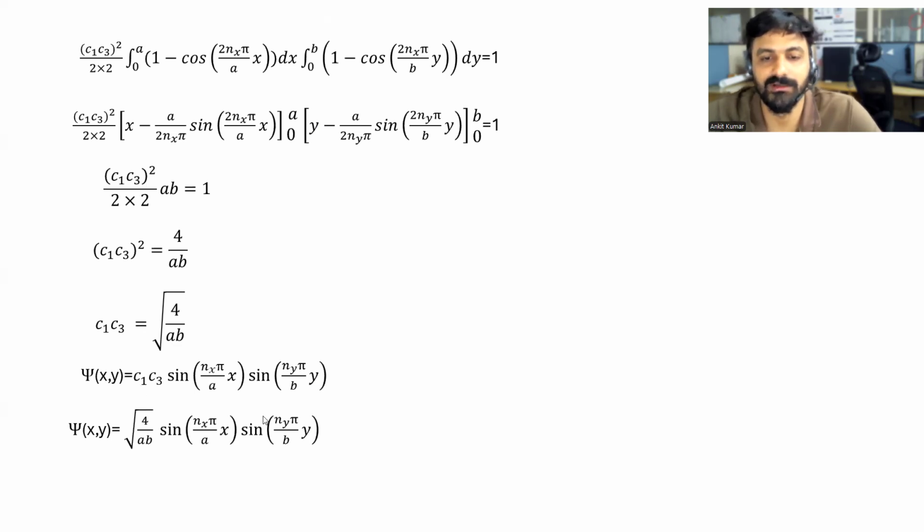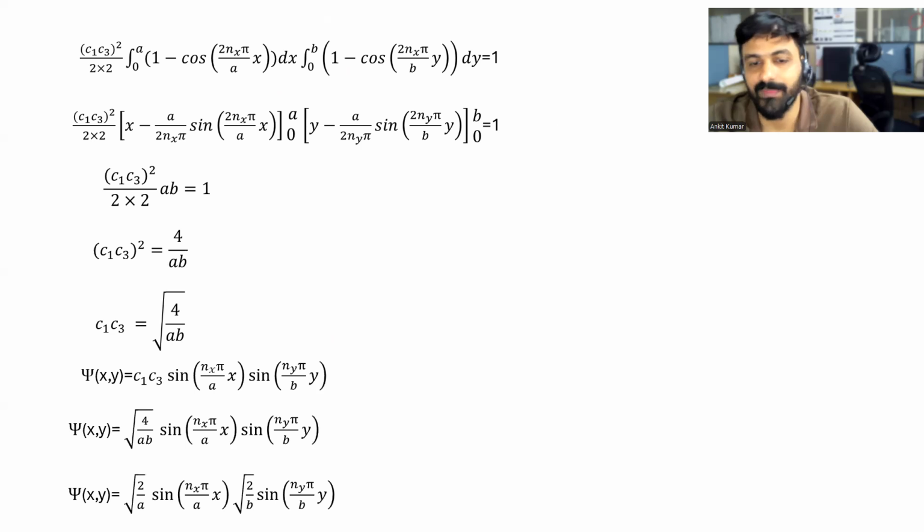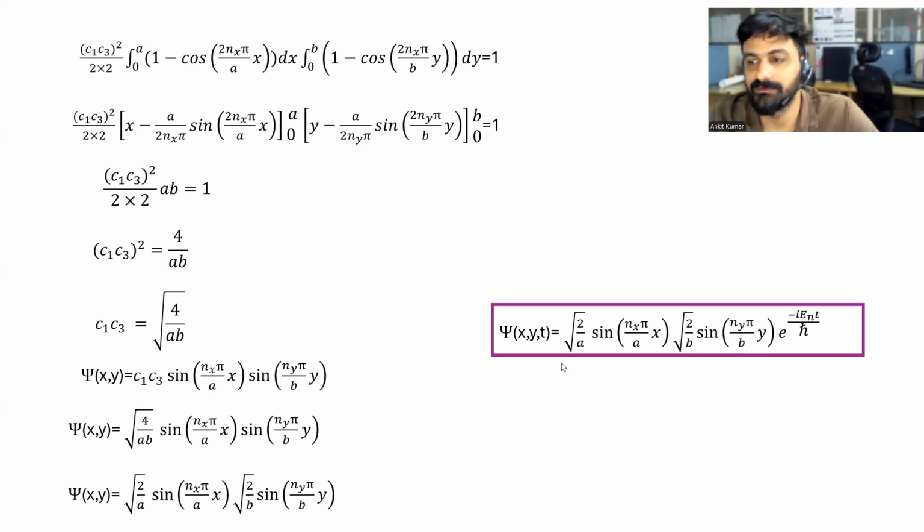Finally, once we substitute this value of the constant in the wave equation, you can calculate the final wave function, which is a function of x and y, as well as a function of the number of quantized states along x and y, that is nx and ny. It also depends upon the values of a and b, the lengths along the x and y directions respectively.